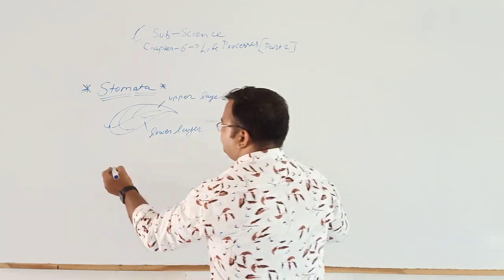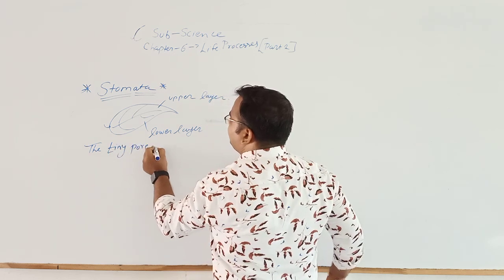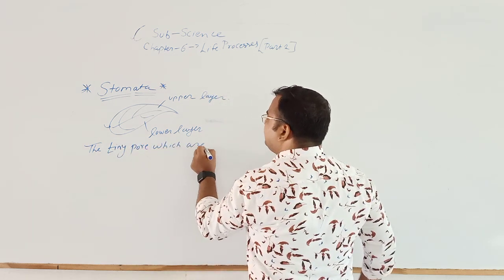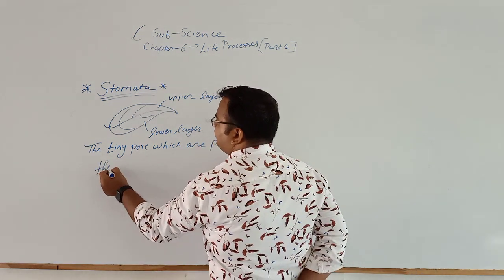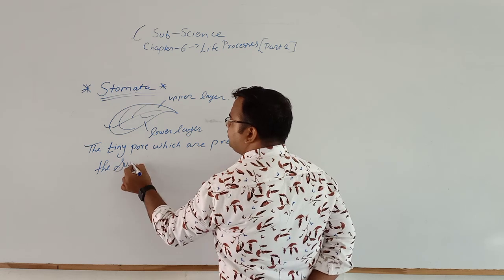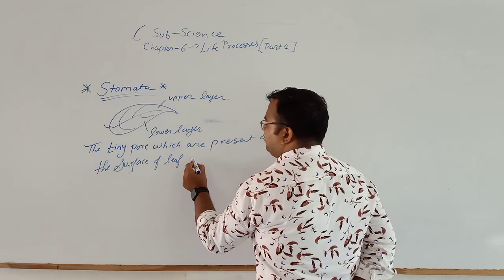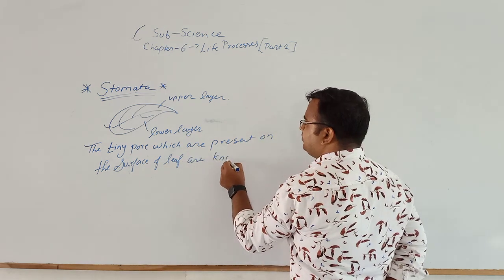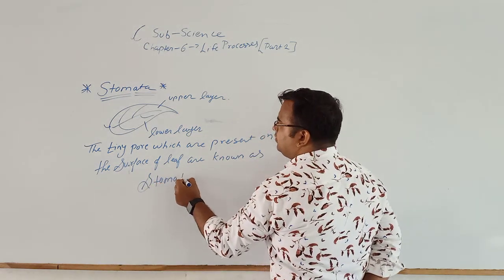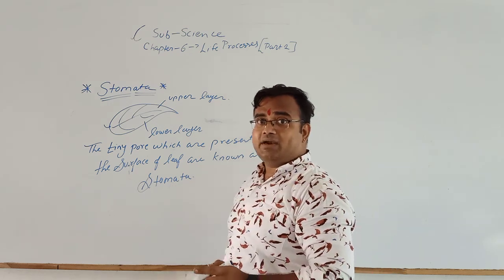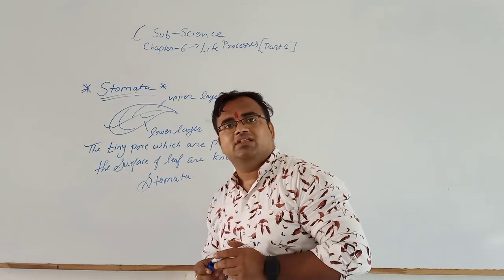So the tiny pores which are present on the surface of leaf are known as stomata. The detailed structure of stomata we'll see, but now you have to understand what actually stomata is.